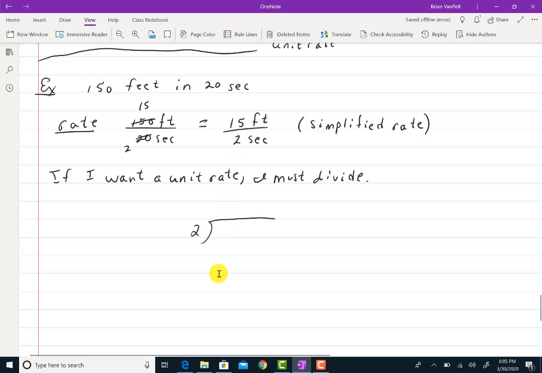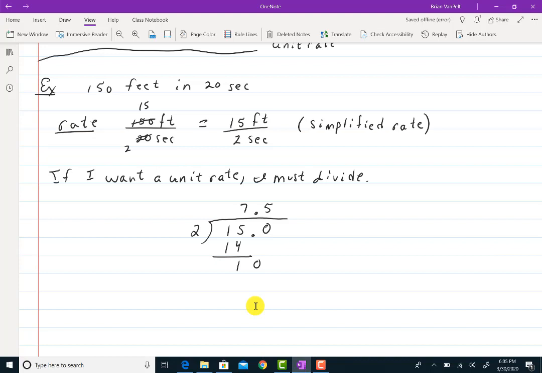So I'll put my 2 seconds out front, and the 15 feet inside. 2 goes into 15 7 times, and I could subtract, and I get 1. 2 does not go into 1, but if I go to decimals and put a 0 after that, I can bring down the 0. 2 goes into 10 5 times.